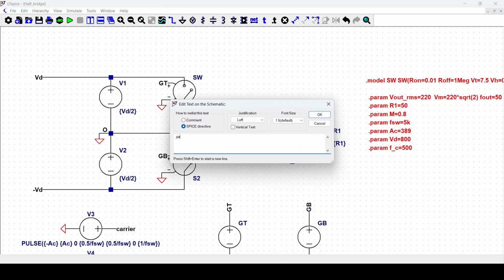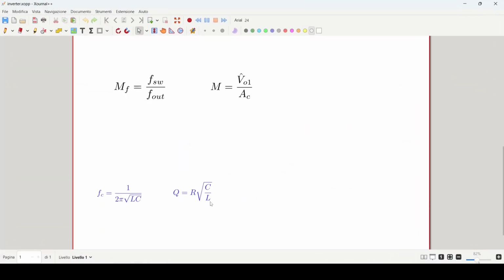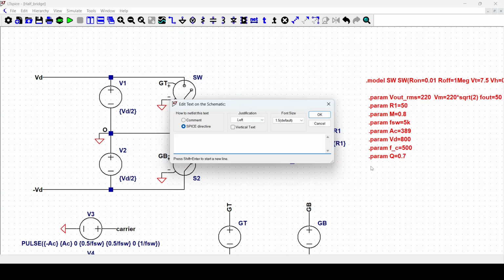So I'm going to write this just for reference. We won't need it in LTspice, but I want to write it here as a reminder. So we fix Q to be 0.7, and knowing Q and the cutoff frequency, by solving this simple system of two unknowns and two equations, we can find the inductance and capacitance values.